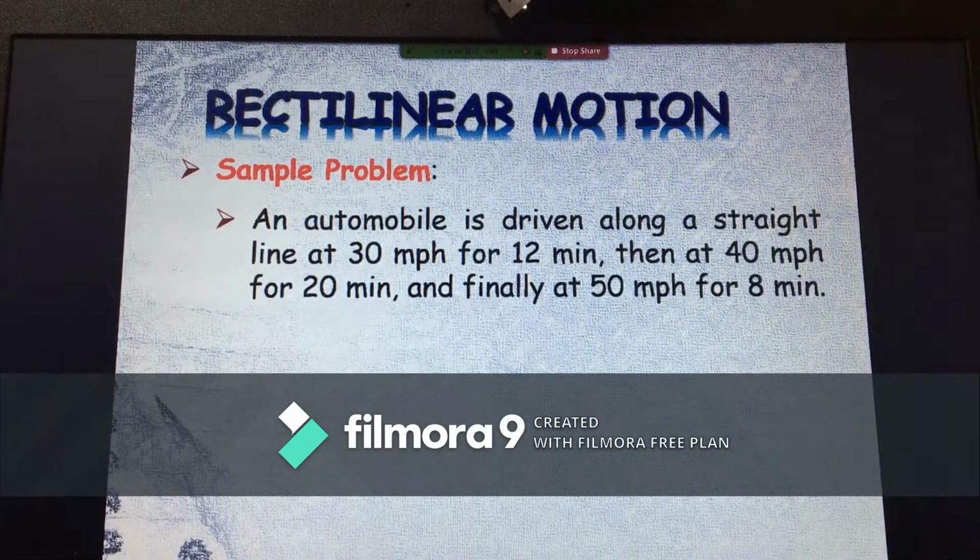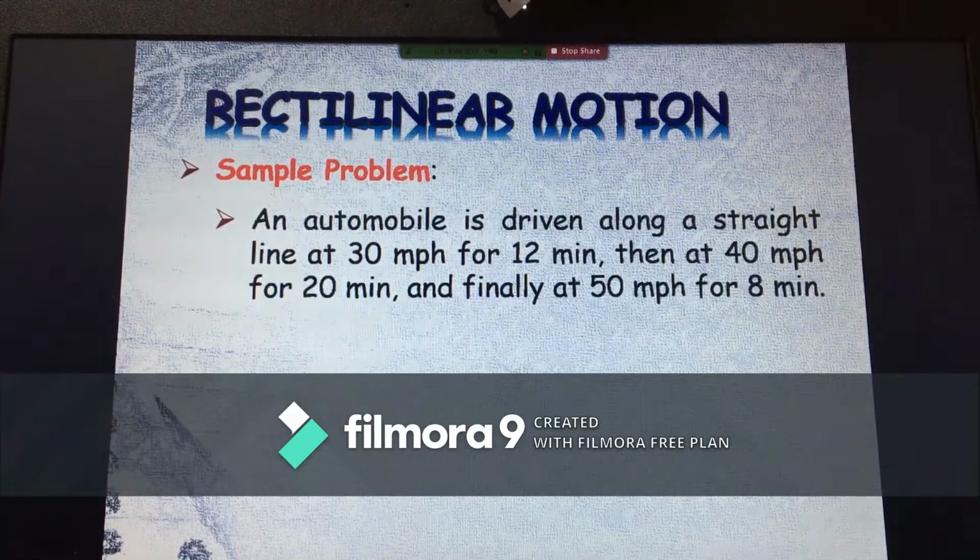So we are given the time, for 12 minutes. The movement of the automobile is constant for 12 minutes. Then, at 40 miles per hour, so the velocity changed.